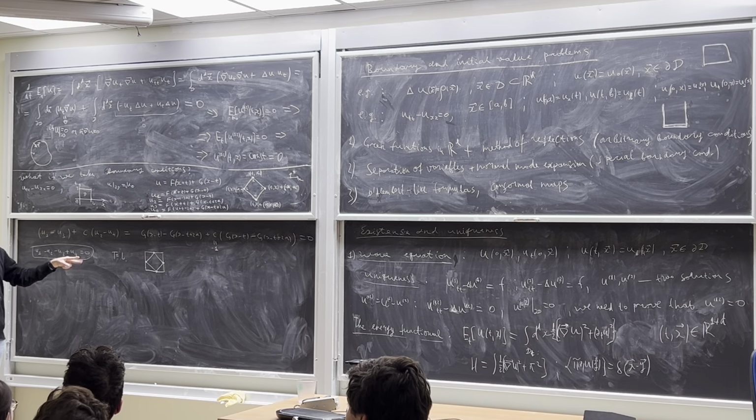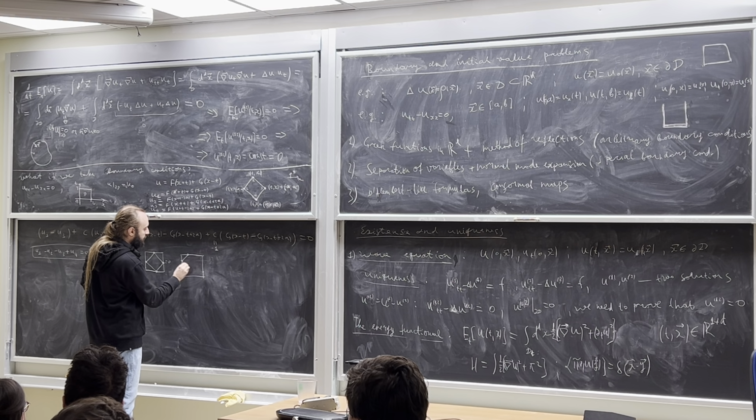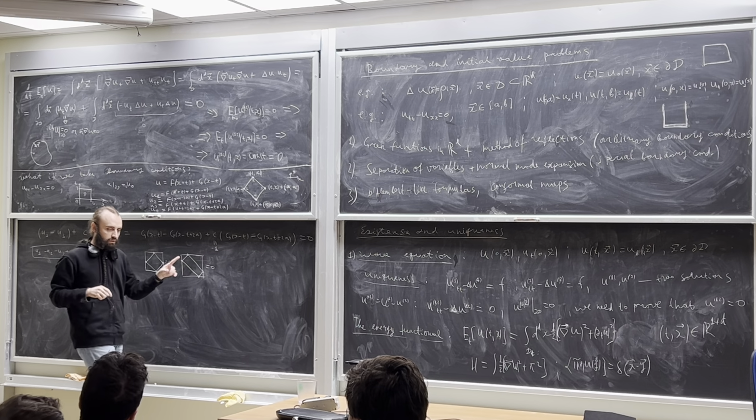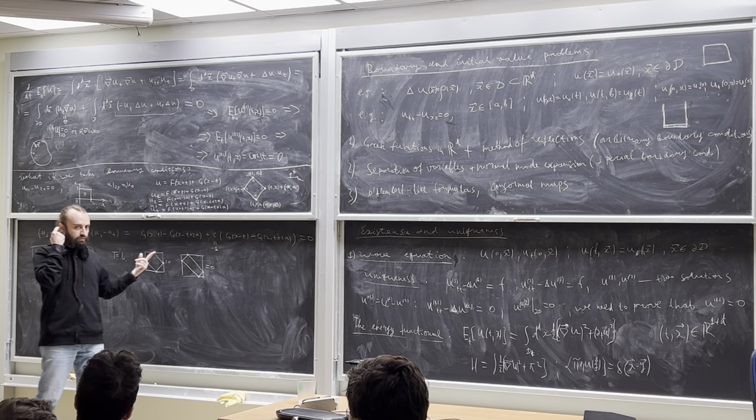Actually, I considered here the simplest case because even this was a little bit complicated to write on the blackboard. But actually, there are more conditions. If I remember correctly, there are also this. So this should be 0, and there are also conditions of this kind. It should also be 0. So there is some infinite collection of such conditions.